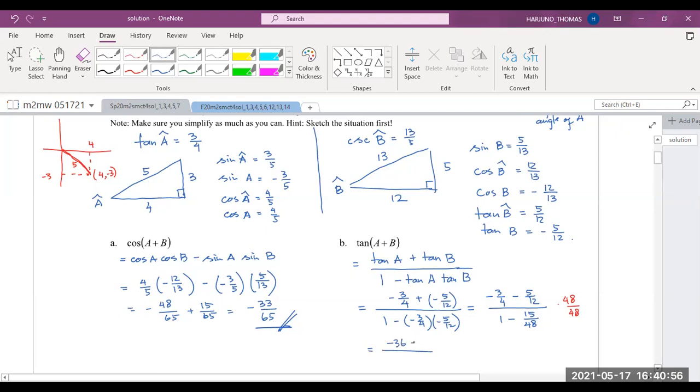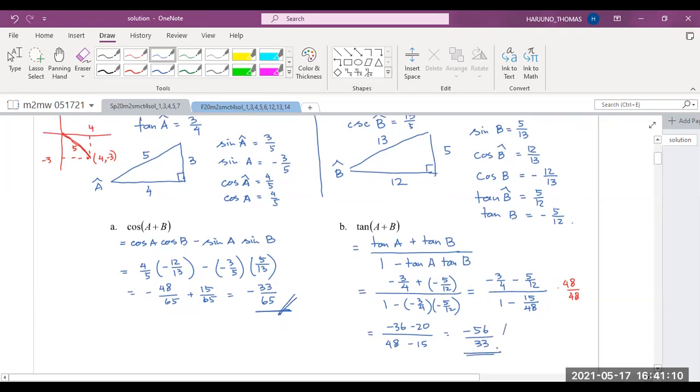On the top right, negative 20. 48 minus 15, that's negative 56 over 33.